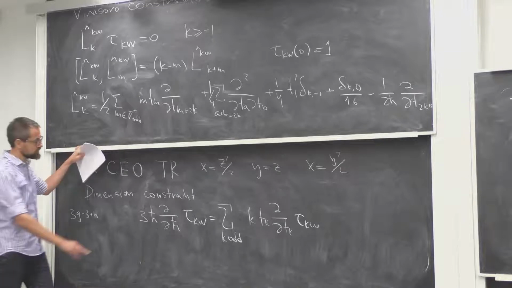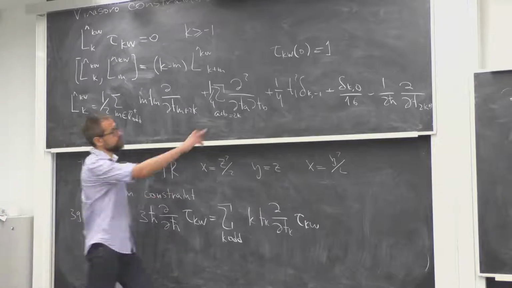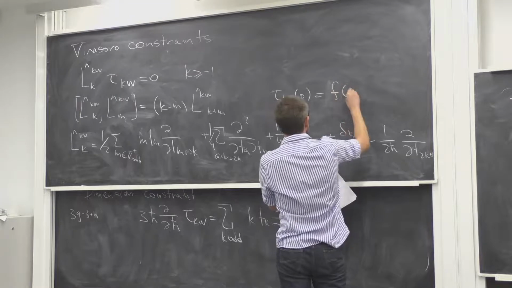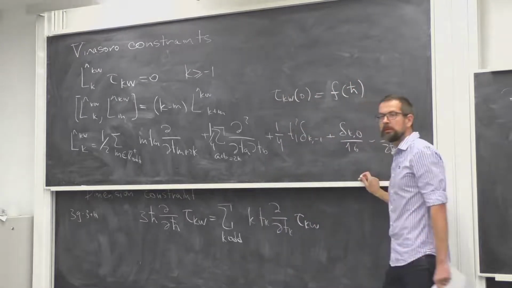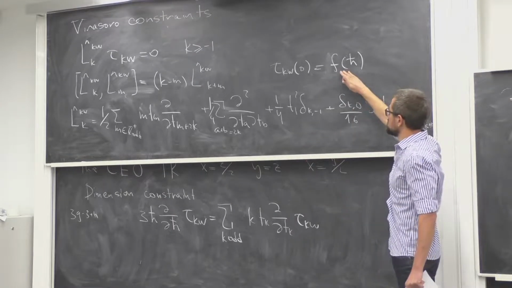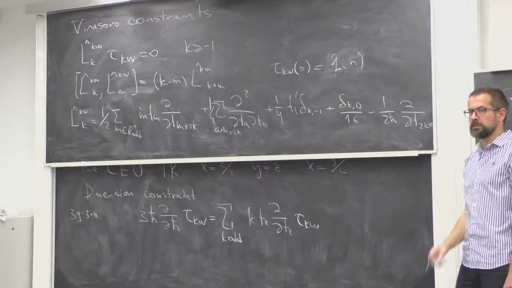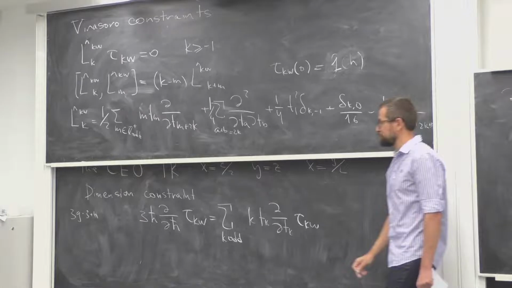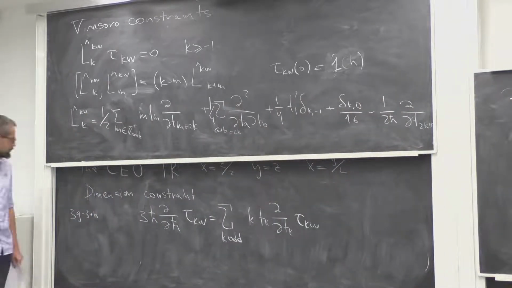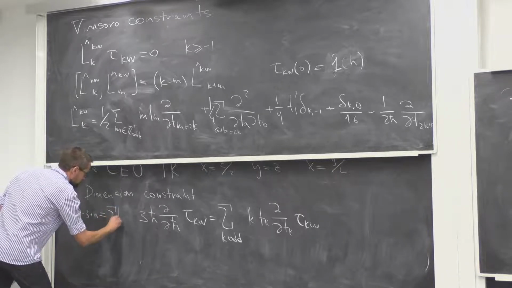This equation fixes the constant here. In principle, you may have a solution f of h bar of this form, and this equation fixes this constant. It tells you that it's not an arbitrary function, it's just one. So it's almost a corollary of the Virasoro constraints, but not completely, up to this constant. And so this equation is essentially the equation I wrote from the very beginning.